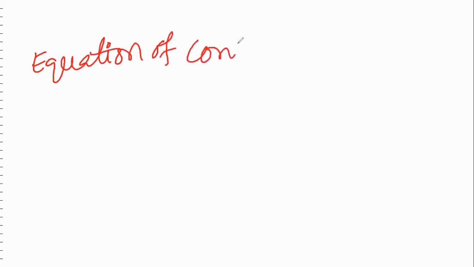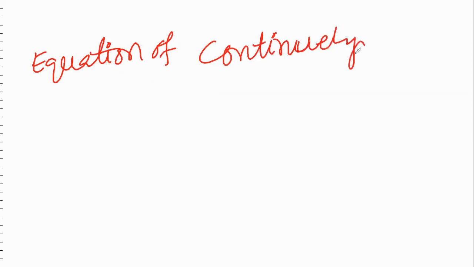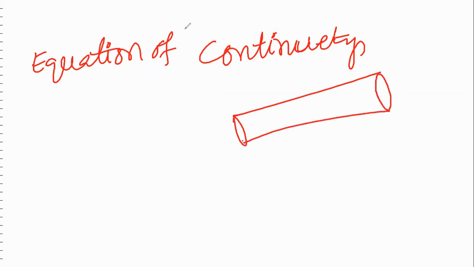Next one is the equation of continuity. The equation of continuity states that, let us suppose I have taken pipes of different areas of cross section. This is A1 and this is A2.